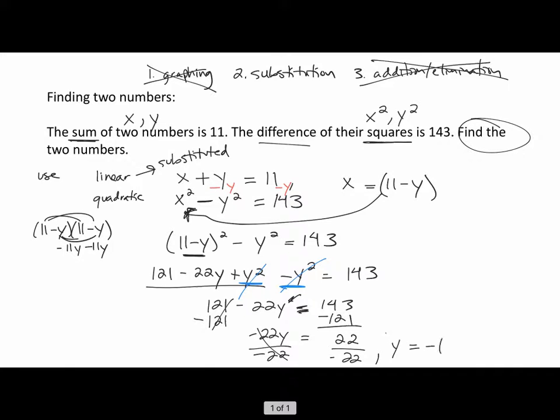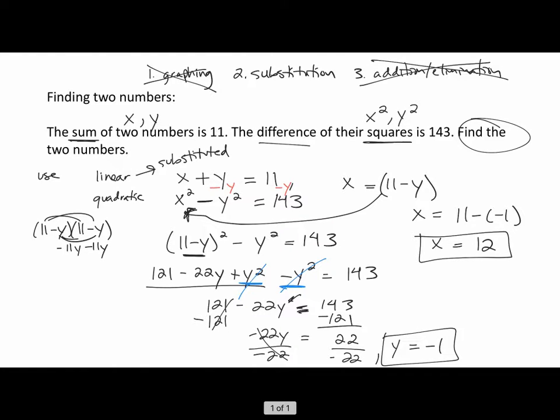That gets me y equals negative 1. So now I need to come back to x, and that will be 11 minus y, which is negative 1. So 11 plus 1 is 12. Now I think I have the solution to this, finding the two numbers: 12 and negative 1.